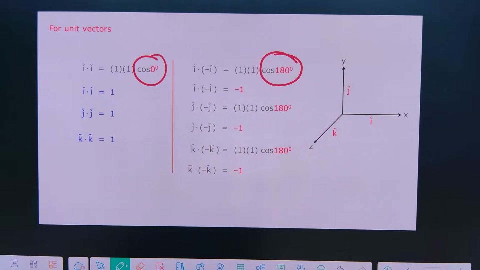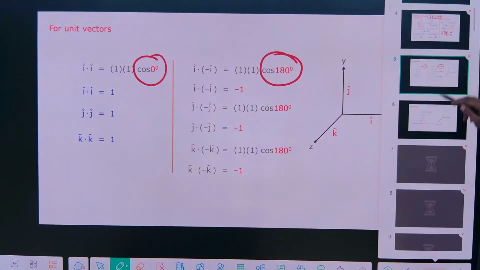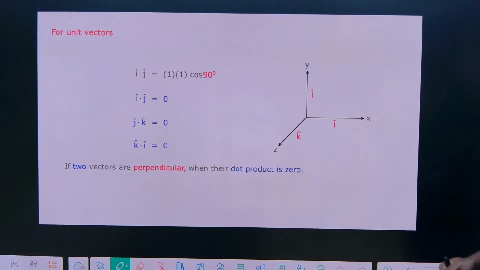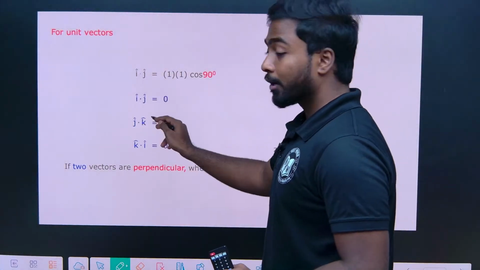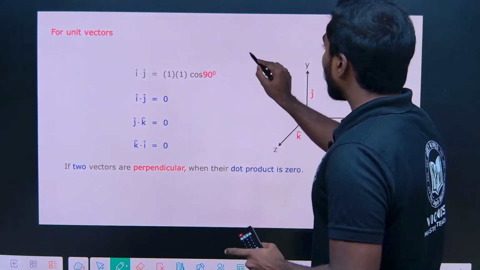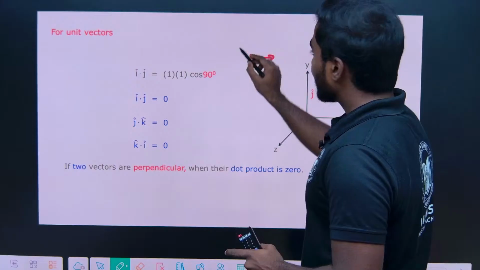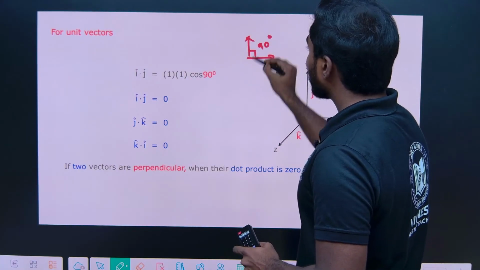Done. We'll go for the next one. Okay. Now the unit vectors i dot j, j dot k and k dot i will be 0. When I talk about i and j, the angle between them is 90°.